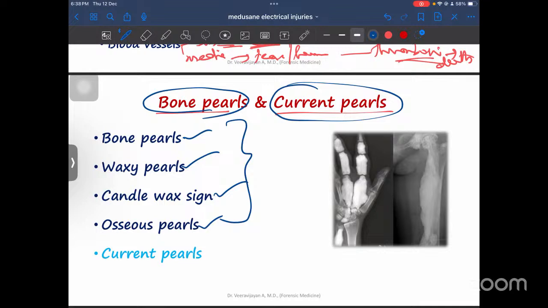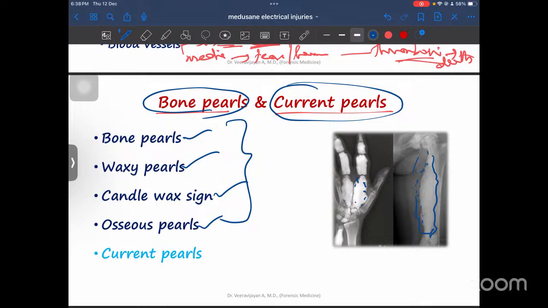That is, current is flowing through our tissue and into the bone. In the bone, heat is generated. That heat will melt the calcium phosphate of the bone. See, this is the melted calcium phosphate. This melted calcium phosphate appearance is called bone pearl or waxy pearl or candle wax and arterial spur.